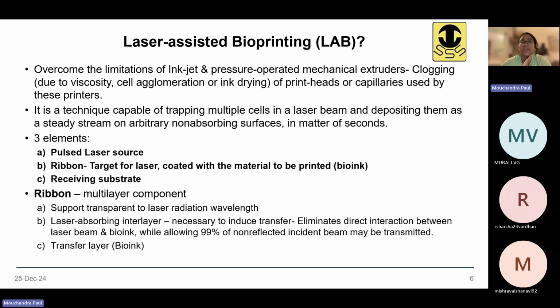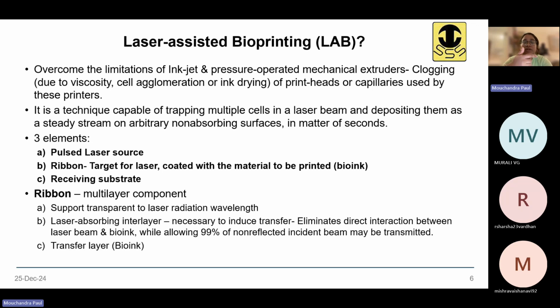Basically, there is a bioink containing cells, and on top of it a laser beam is projected. Through this laser beam we are able to trap multiple cells together in the form of a droplet, and that droplet can be formed as a jet or a single droplet at a time, depending on what parameters you're using.